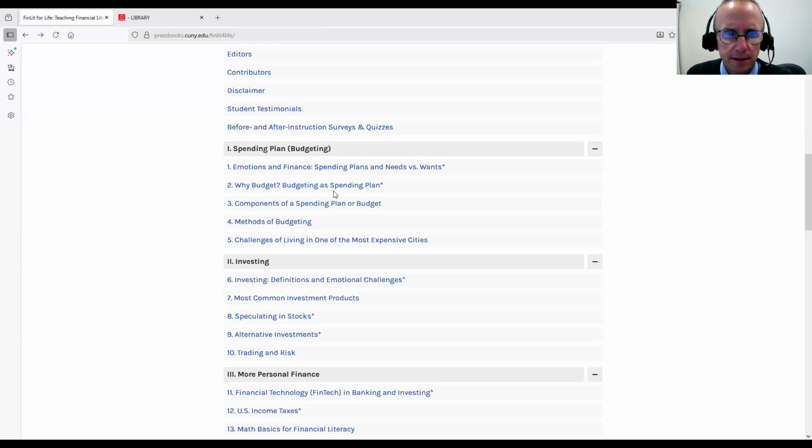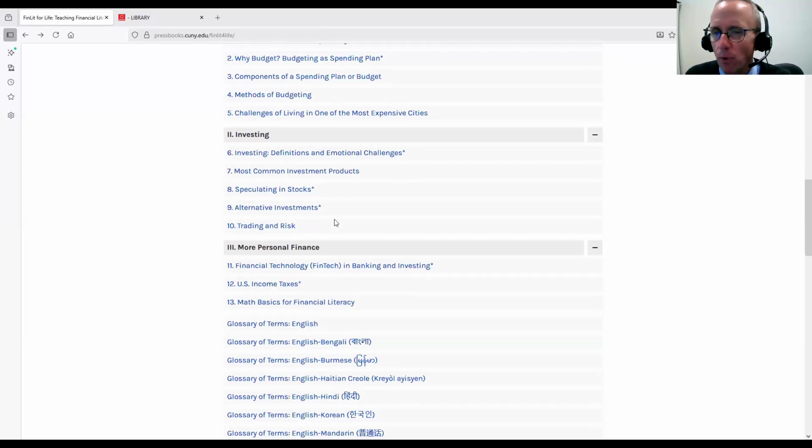Then here's a look at some of the chapters. We had a section on spending, budgeting. There was a section on investing, and we also had a more personal finance section that we actually added later. We added it last winter because we wanted to add more revisions based on more feedback that we got from current students.